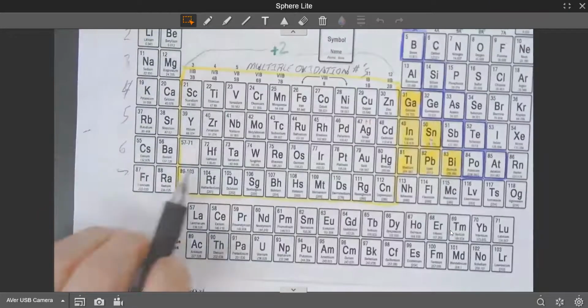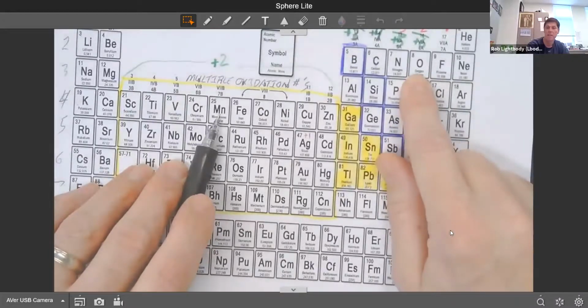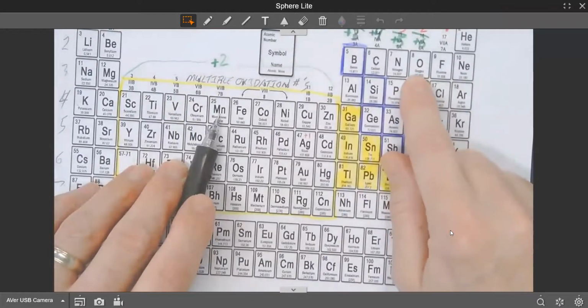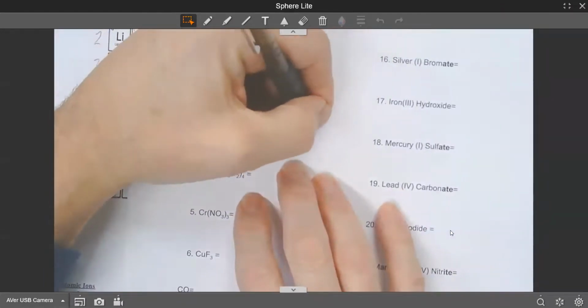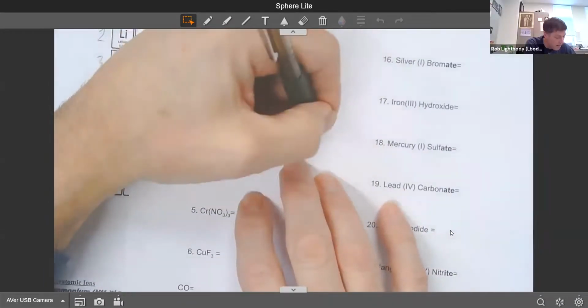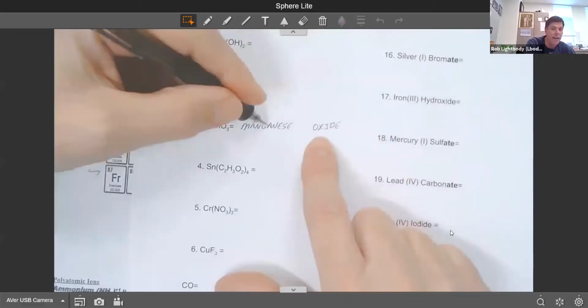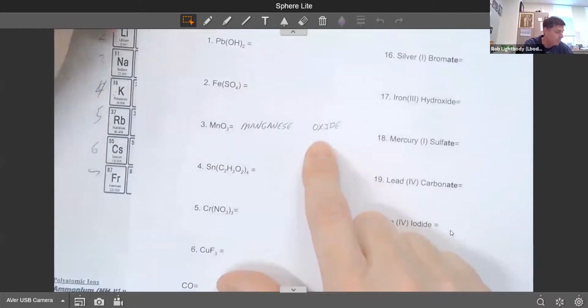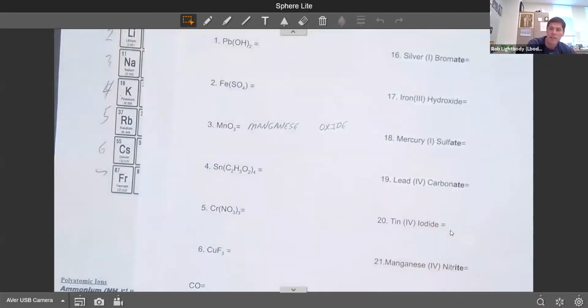Very good, because I've got one from this side of the table and one from this side. So that means it's going to be an ionic, which means you don't have to put prefixes. There's no prefixes ever in an ionic, at least binary ionics. So you guys are familiar with that. That makes sense, right?